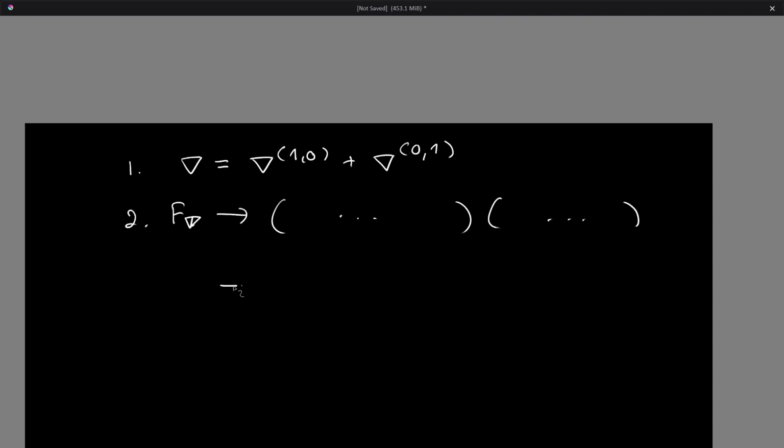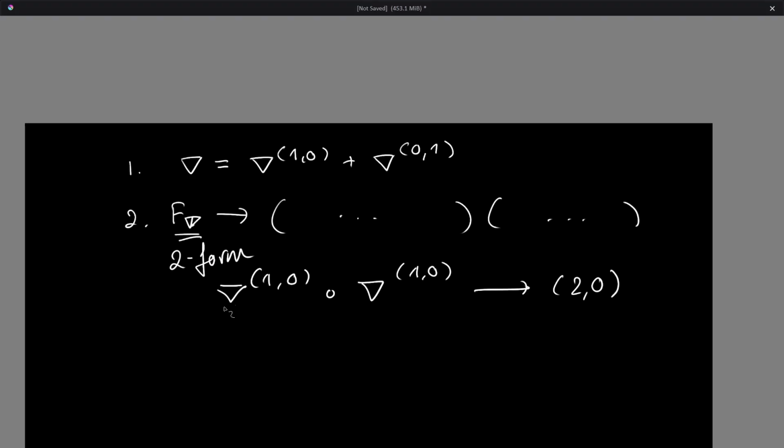And so, for example, the 1,0 after the 1,0 would give us the 2,0 part of f nabla, because overall f nabla is a 2 form, right? So if one of its parts looks like this, and it overall increases the p grade by 2, then that must be the 2,0 part of it.